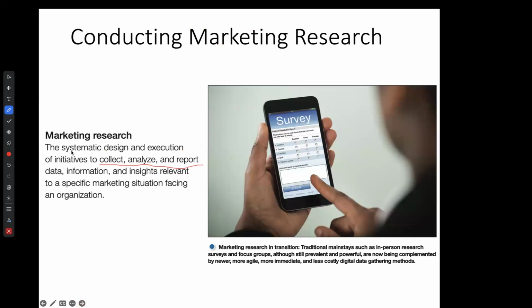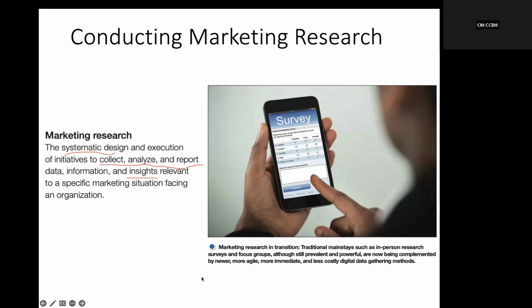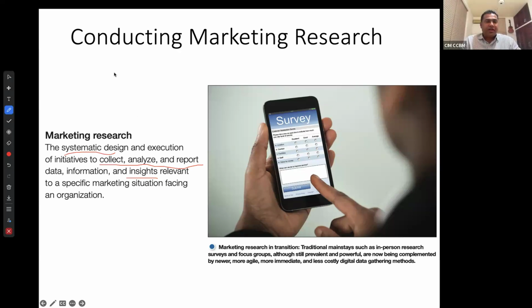It's a systematic, scientific method of gathering data where we can make marketing decisions in order to generate insights. In the good old days there used to be many companies that did market research, right? But today, guys, market research companies have gone out of business.